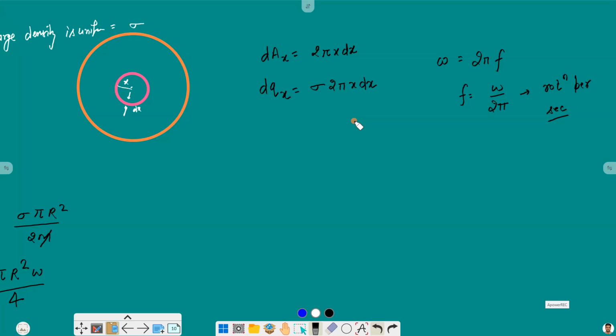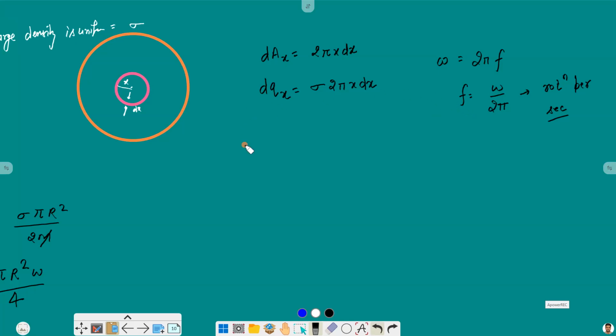So when we have to calculate the current, the total amount of charge rotating or flowing per second will be the number of rotations multiplied by the charge in one rotation.